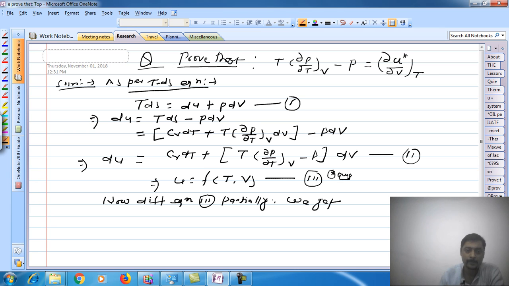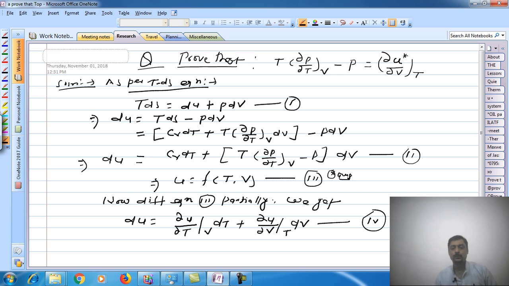If we differentiate partially, we get du is equal to del u by del T at constant volume into dT plus del u by del V at constant temperature into dV. Let us suppose this is equation number 4. Now we compare equation number 3 and equation number 4.